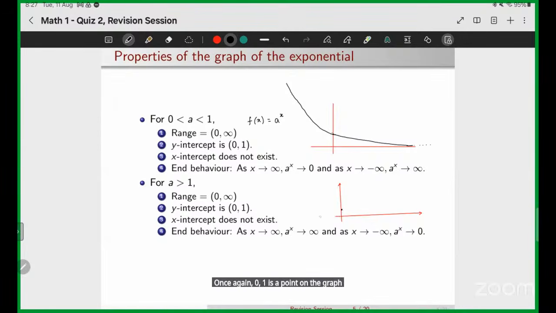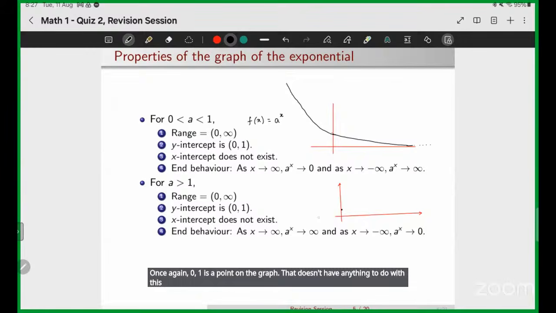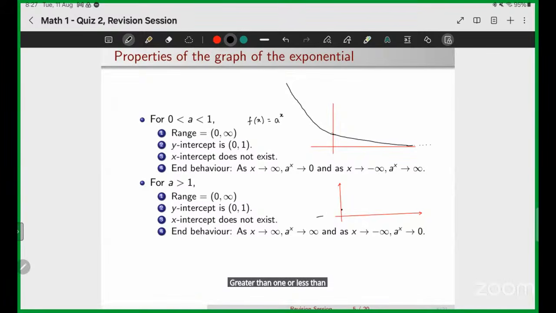That doesn't have anything to do with a being greater than 1 or less than 1. But as x tends to minus infinity, the exponential goes to 0. And on the positive side, it keeps increasing.